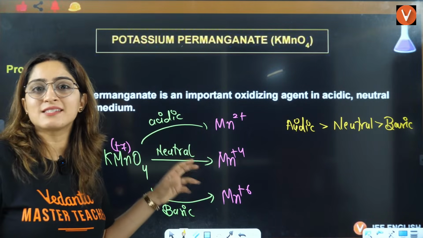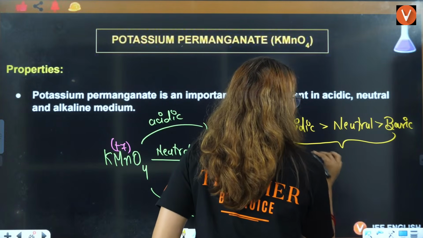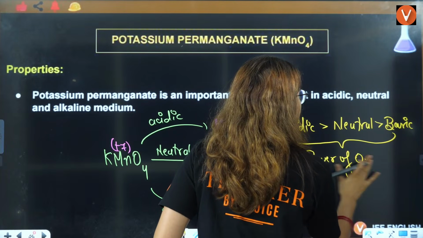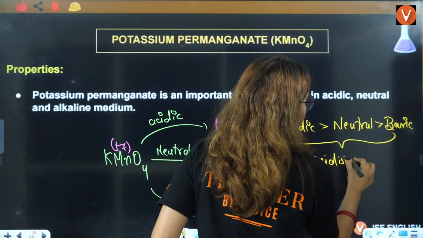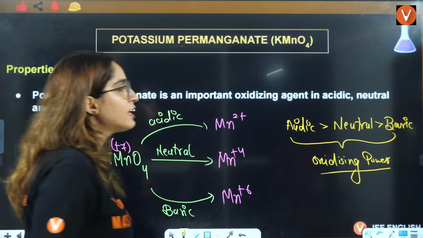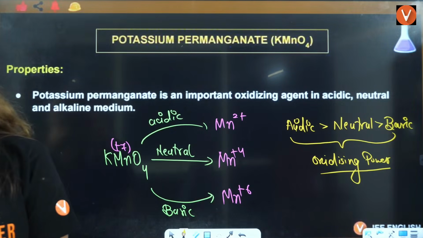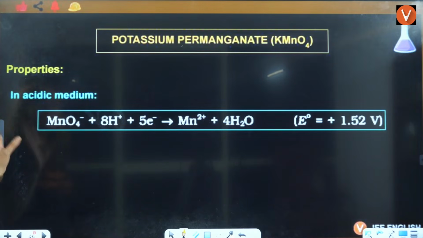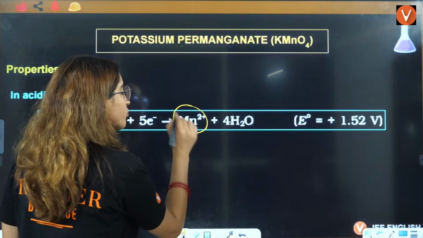Its oxidizing power will be maximum in acidic medium. Oxidizing power is maximum in acidic, then neutral, then basic. Now, let's see in acidic medium, as I told you, this will be converted to Mn2 positive.